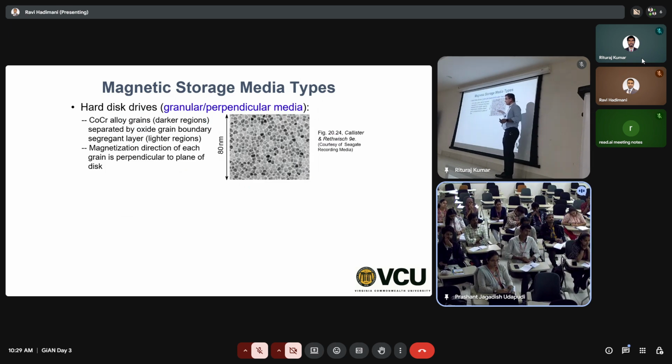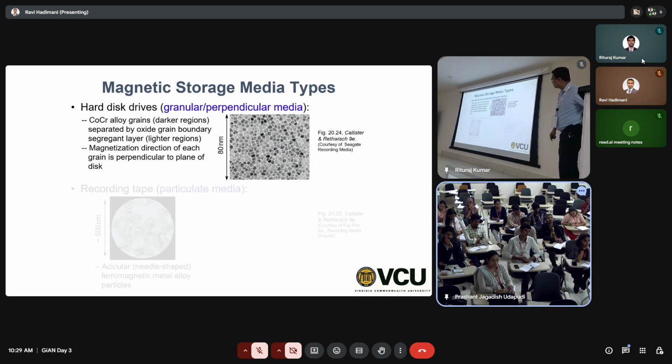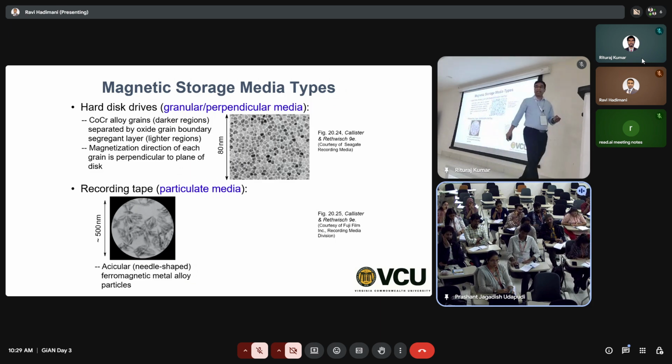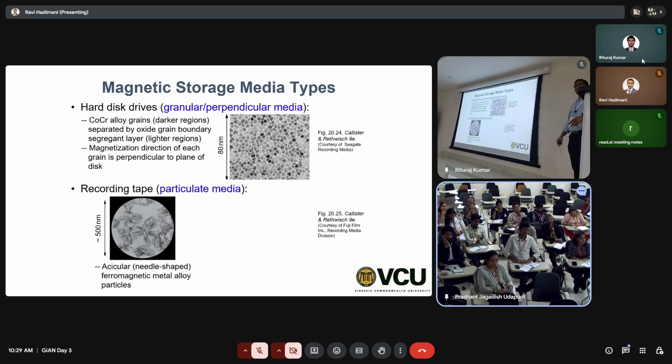So when the sensor reads, different tracks have different information. And the tapes, of course, this is 18 nanometer. Each domain is a few nanometers, whereas the tapes have much bigger, these are not even grains, these are needle structures. Each needle structure has multiple grains.